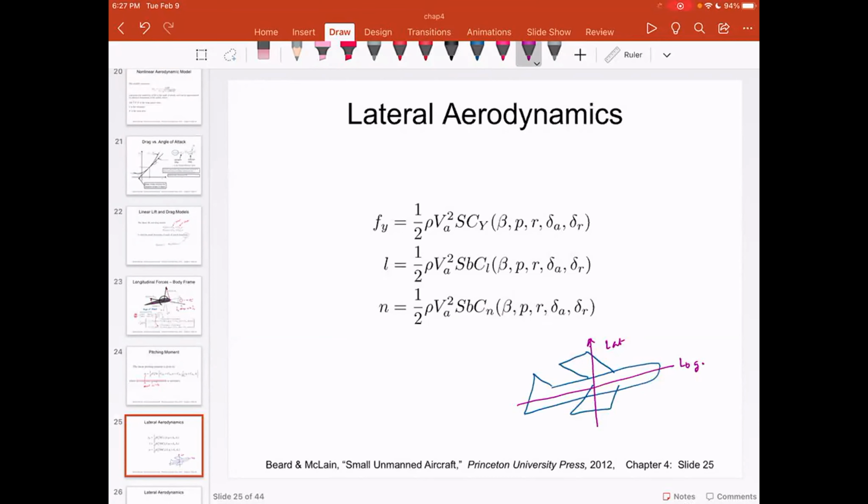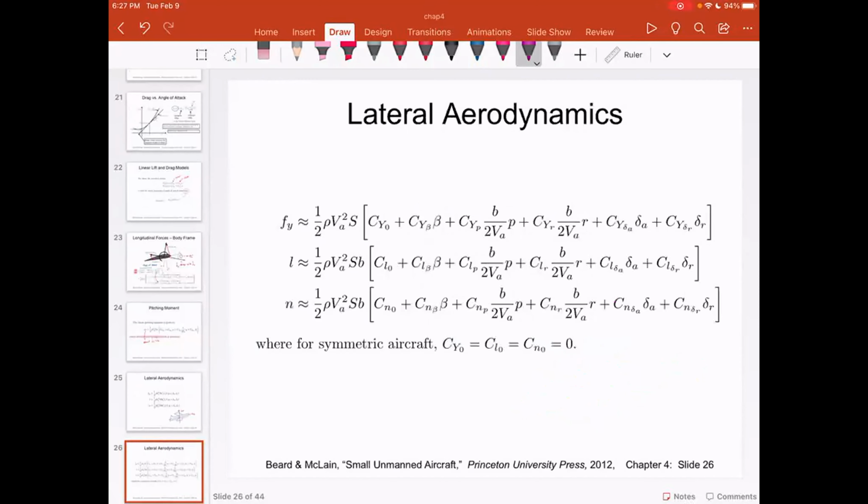So you have force in the Y direction and moments about the Z and X axes. The equations that you observe are exactly similar, except here is the difference: you have sideslip angle, P, R, aileron deflection, and rudder deflection.